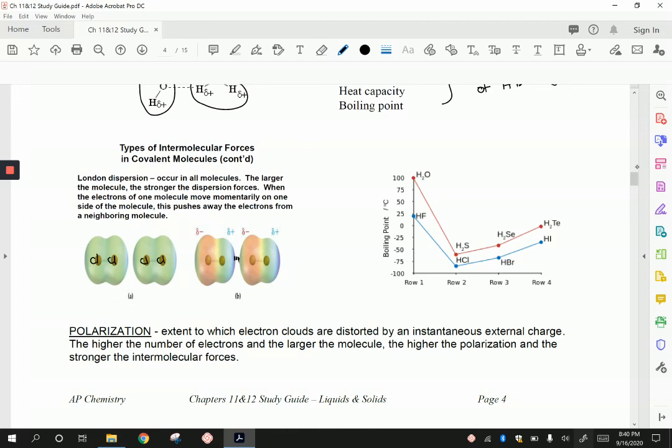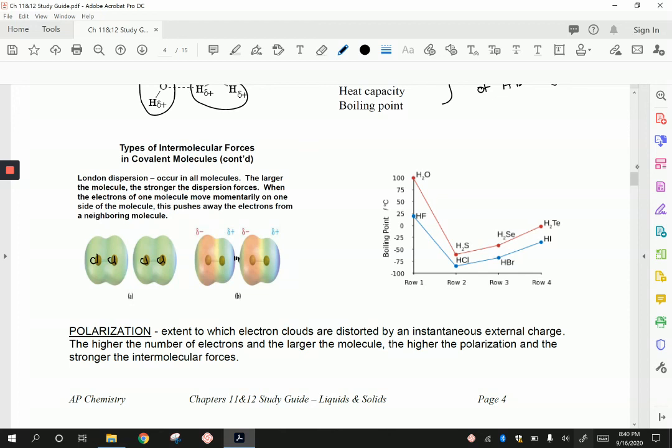So polarization is the extent to which the electron clouds get distorted, become uneven for just a moment by this instantaneous external charge. The higher the number of electrons and the larger the molecule, the higher the polarization and the stronger the intermolecular forces, or the London dispersion.